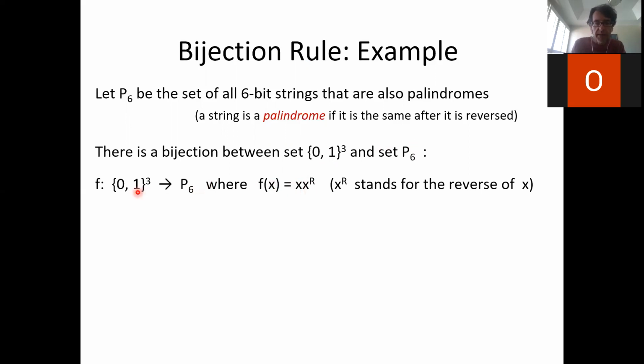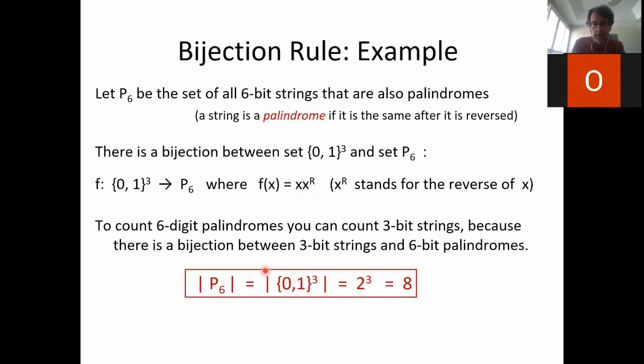And this is a bijection between these two sets, because every palindrome has this form: X followed by X reverse for some X, which has 3 bits. And there is no collision in this mapping. A unique 3-bit string will give you a unique palindrome. So the two sets have the same number of elements, so the answer is 2 to the 3.